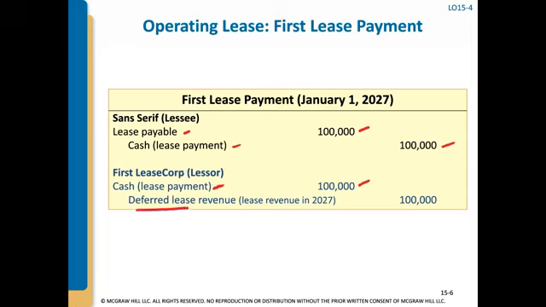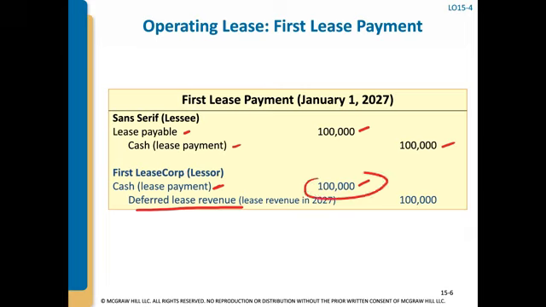And now look at this account that they're going to credit. It's deferred lease revenue. This is a deferred liability account. It's because the lessor got the cash in advance, and there's a whole video about deferred unearned revenue or deferred revenue in the prior chapter, but they haven't earned that revenue yet.